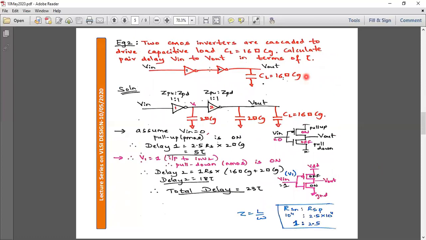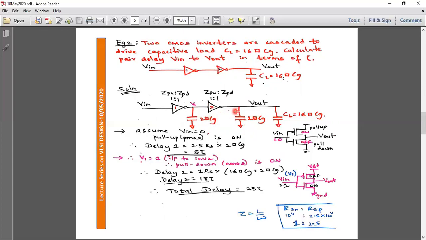Example 2: same as the previous, except a load capacitance is connected at the output of the second inverter. Two CMOS inverters are cascaded to drive a capacitive load CL equals 16 Cg. Calculate the pair delay from Vin to Vout in terms of tau. Since it is a CMOS inverter, again the pull-up to pull-down ratio is 1:1, and the parasitic capacitance for CMOS is 2 Cg.